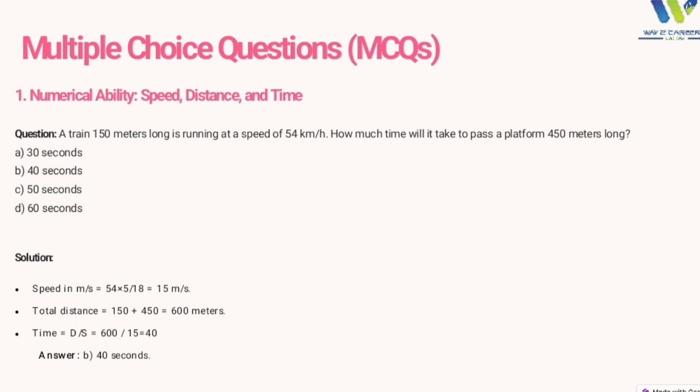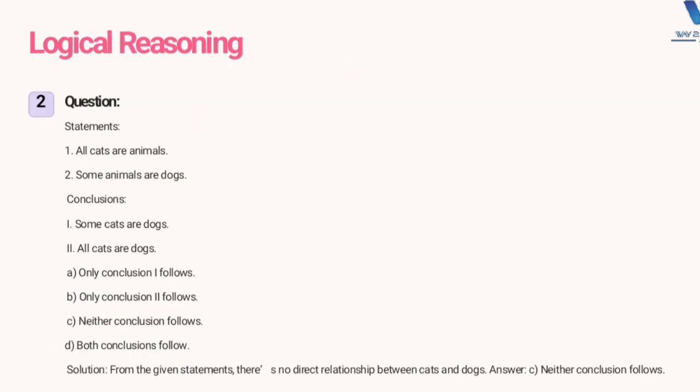So, guys, see the next question. This is a question from logical reasoning, and the topic is syllogism, or logical deductions. He has given two statements. Statement number one is all cats are animals, and statement number two is all animals are dogs. And he has given conclusions also.